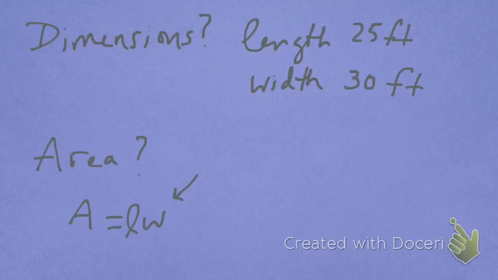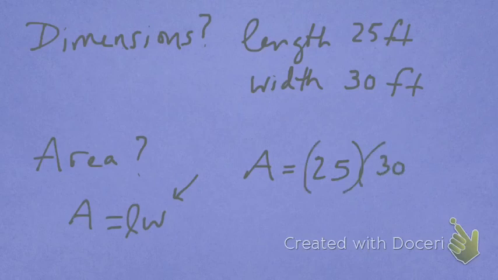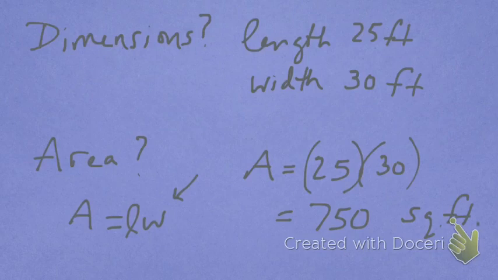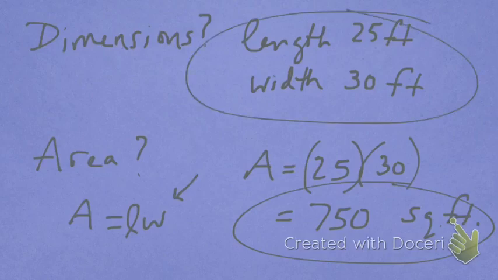Okay, so the area is the product of the length times the width. That's the product of 25 times 30, 750. And when we multiply feet times feet, our answer is in square feet, or feet squared. So we have answered both questions, the area and the dimensions.